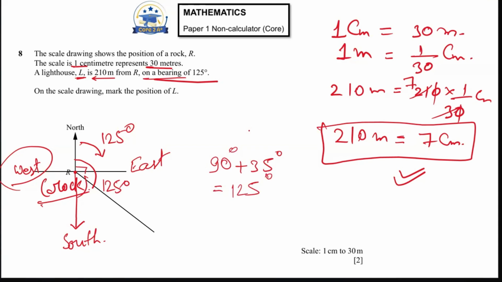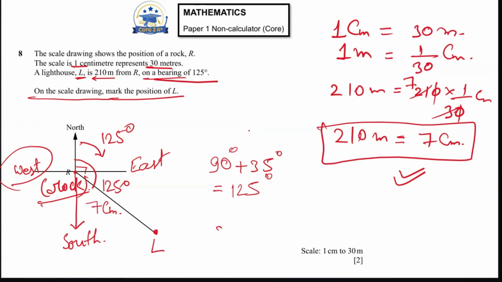And the lighthouse is, suppose here is the position of lighthouse. So it is saying on the scale drawing, mark the position of L. So you can measure it, how much it should be, 7 centimeter far. Why? Because it is already given.